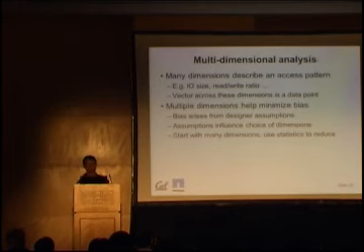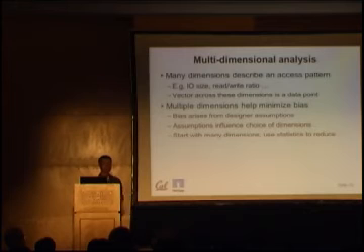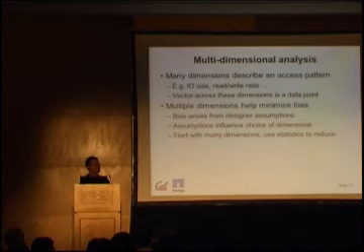Using multiple dimensions helps minimize bias. Again, bias comes from designer assumptions. So for example, if we want to reduce cognitive load, and that's really a concern in analyzing these complex systems, maybe we will start with a handful of ways to describe this behavior. Now, assumptions about the system will heavily influence what dimensions we select.